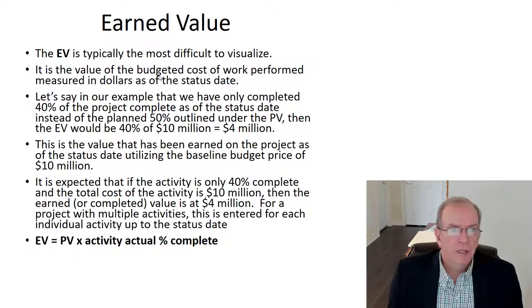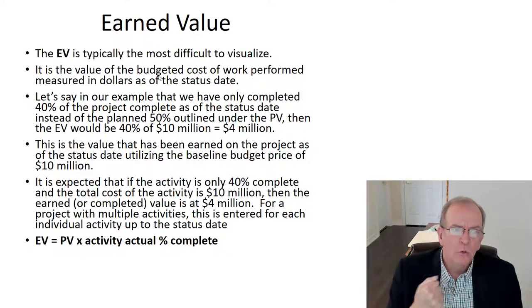The EV is typically the most difficult to visualize, as I said, but this is where the cost performance index and the schedule performance index can be quite helpful as a percentage review. If you think about it, this is the value you're getting out of the project for every dollar that you're spending.